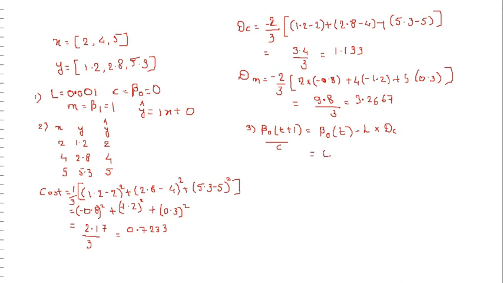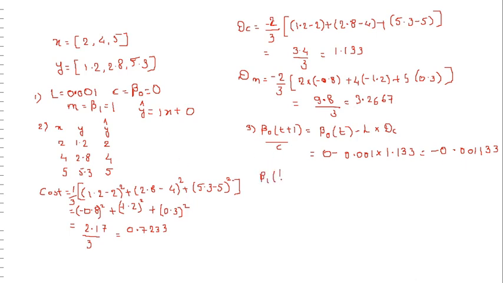It's 0 minus 0.001 into the value of DC that we have just found, 1.133. When I do this calculation, I get minus 0.01133. This is the new value of beta 0 that I have found.